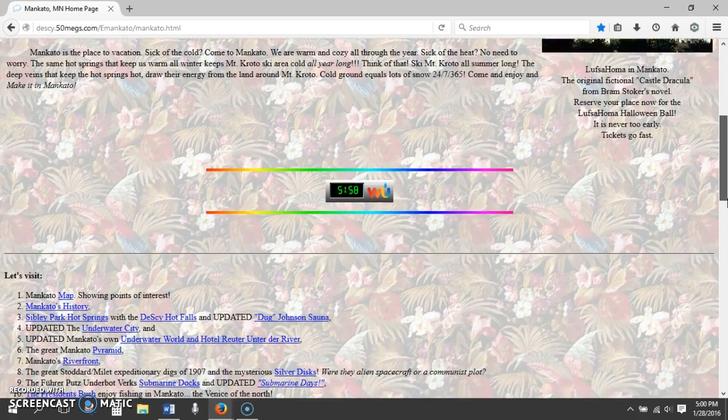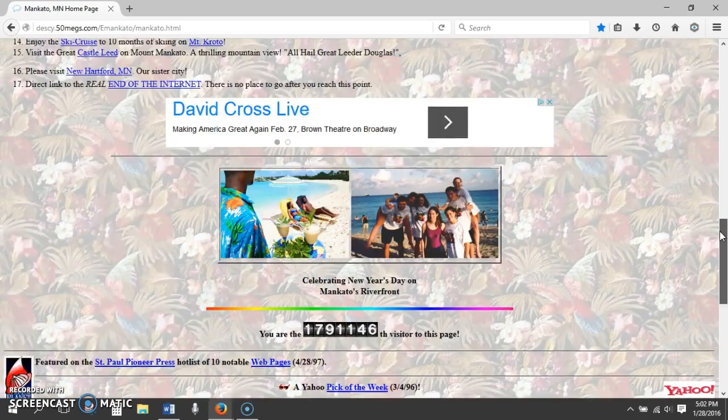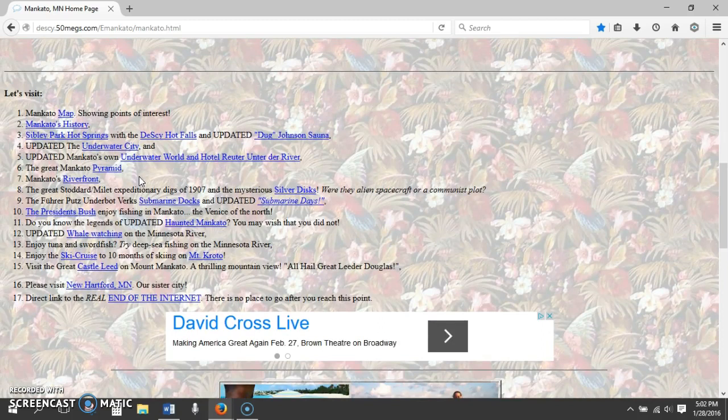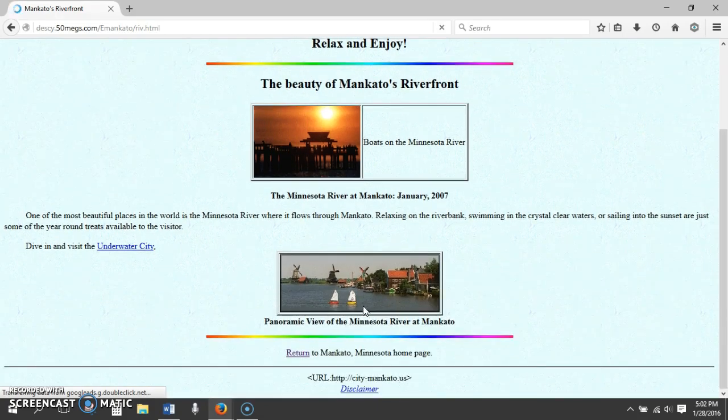Let's try another link. When I go to Mankato's riverfront and click on that, it directs me to another page about the riverfront and some of its features. Let's see if there's a place to return back to the main page.